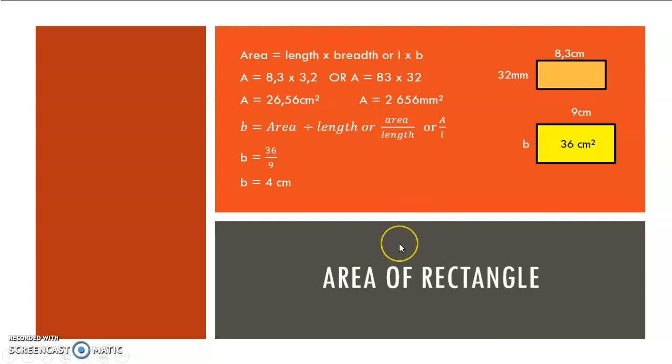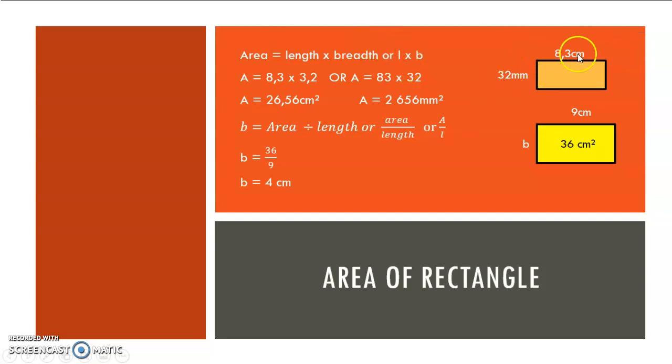When we look at a rectangle, it also has a specific formula, which is length times breadth. Very important, your measuring units must be the same. So I can either convert centimeter to millimeter, or I can convert millimeter to centimeter. If I convert millimeters to centimeters, I will have to divide by 10. So it will be 3,2 centimeters.